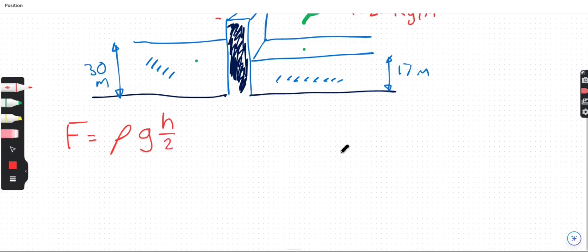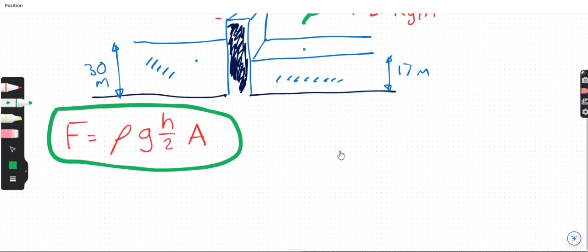That just means we're putting this force halfway. I'll get back to that in a bit. So force is density, gravity, height. That's the pressure bit, and we've got to times it by area to get it into force.